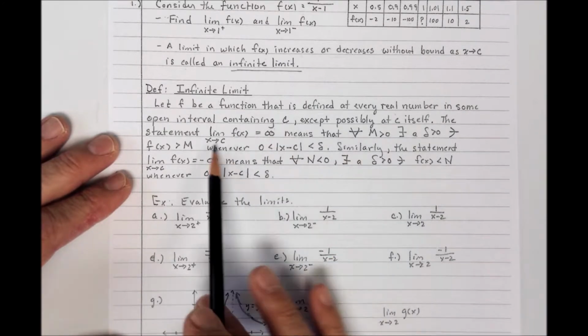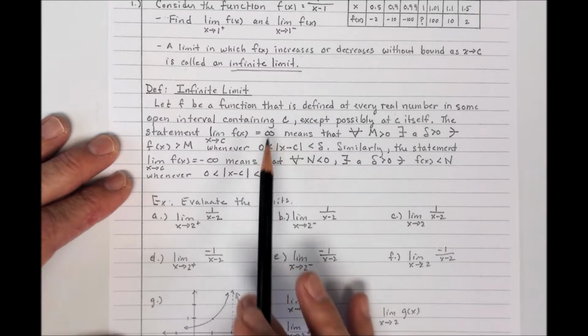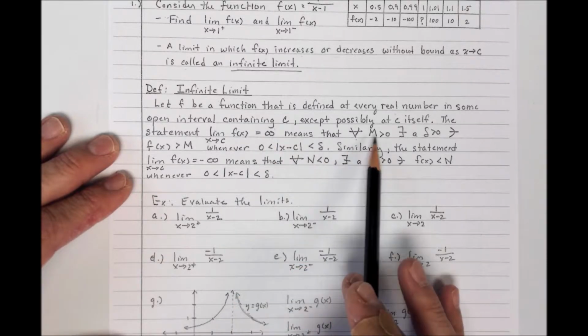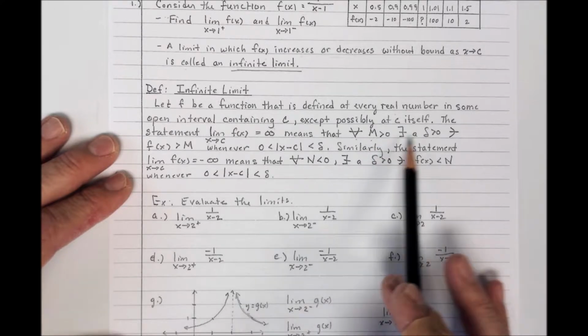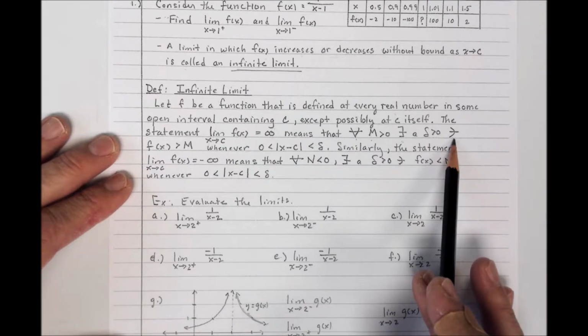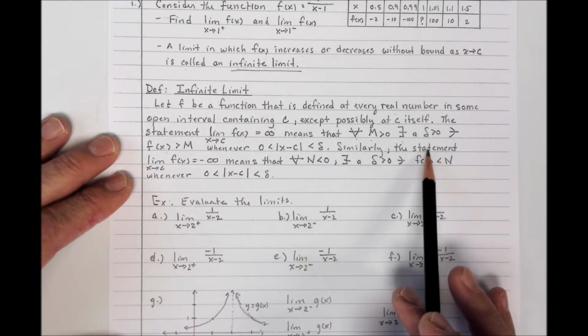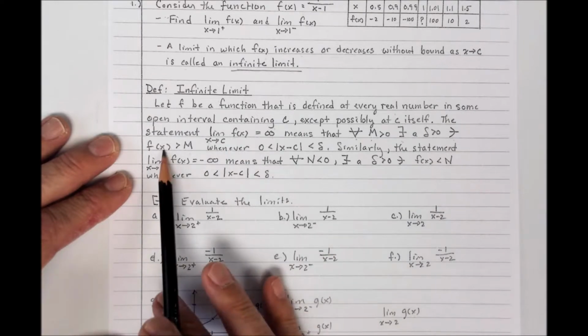The statement the limit as x approaches c of f of x equals infinity means that for all M, notice not an epsilon, capital M, which is usually thought of as a large positive number, for all M greater than 0, there exists a delta greater than 0 such that f of x is greater than M.